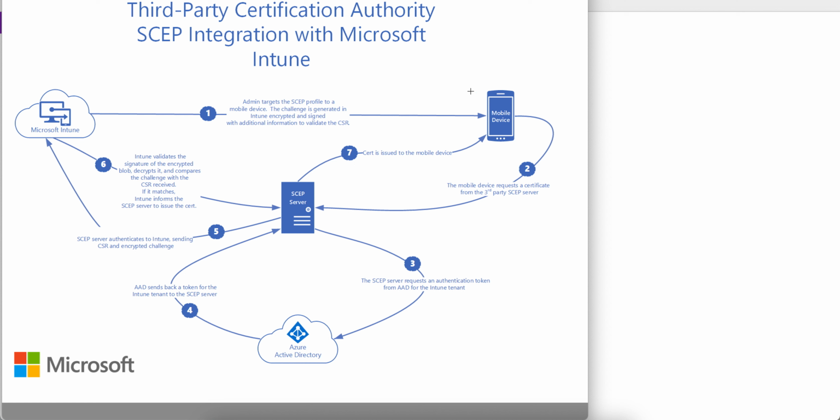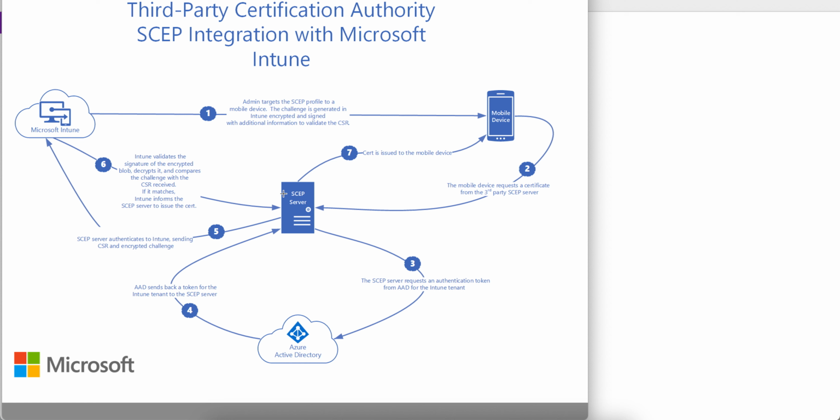The first diagram I have downloaded from Microsoft, so I don't have to prepare it. I feel it is one of the best ways I can explain this. Here is your Microsoft Intune, and you have the third-party SCEP server. You can use any, like DigiCert or Entrust or any global CA, there are many out there in the market.